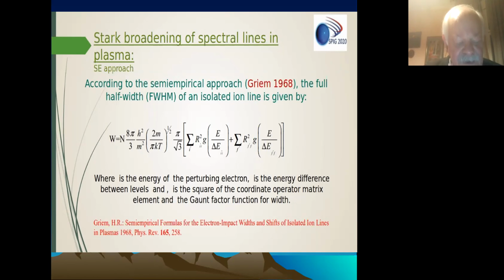So if you look at this semi-empirical formula, you can see that you need exactly the same quantity of input parameters as for the more complicated semi-classical formula. So first of all, this cannot be applied for complex spectra where there are not enough input parameters for such calculations.